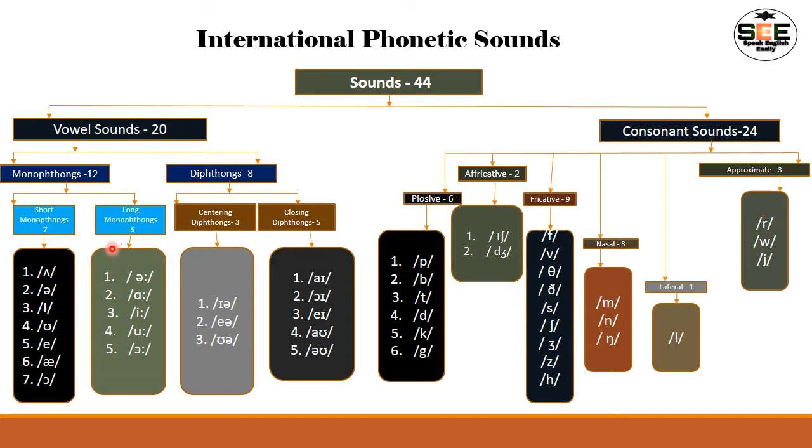So let's start with our first one, monophthongs: 12. Short monophthongs: 7. Then we'll learn long monophthongs. First of all, I am just going to indicate how to produce each sound.